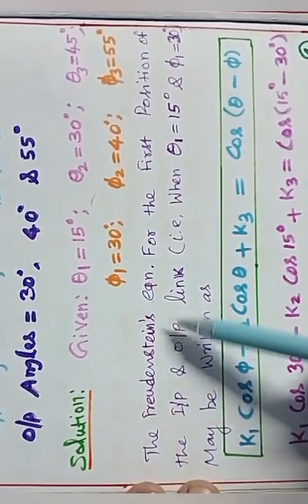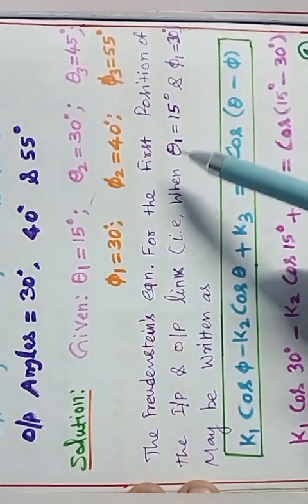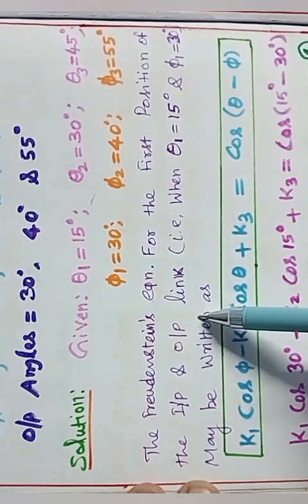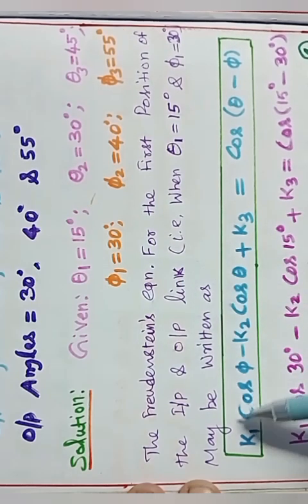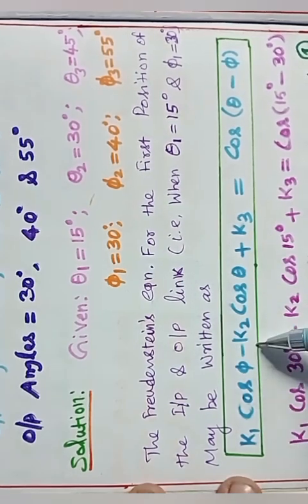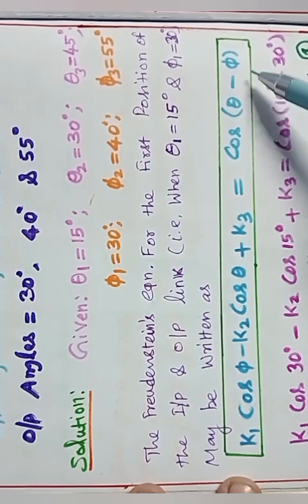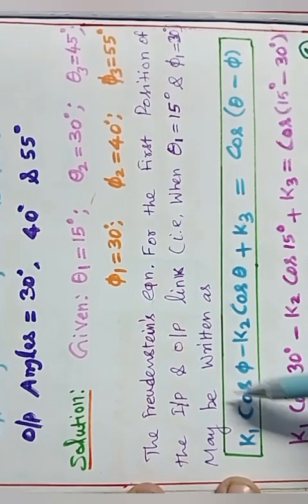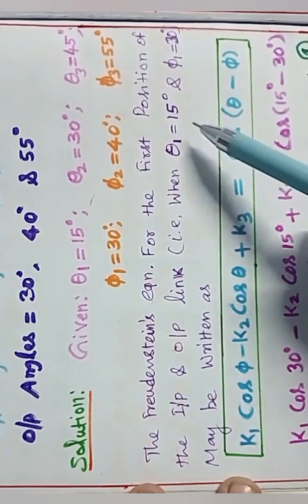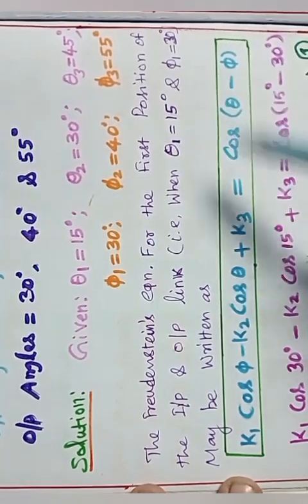We know the Freudenstein equation for the first position of the input and output link: k1 cos phi minus k2 cos theta plus k3 equal to cos of theta minus phi. This is the Freudenstein equation for theta 1 15 degree and phi 1 30 degree.